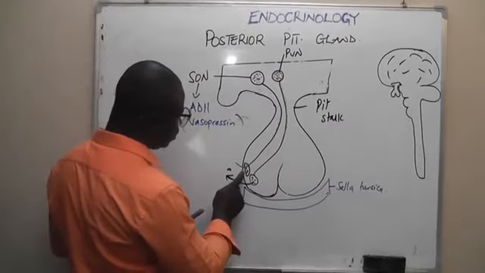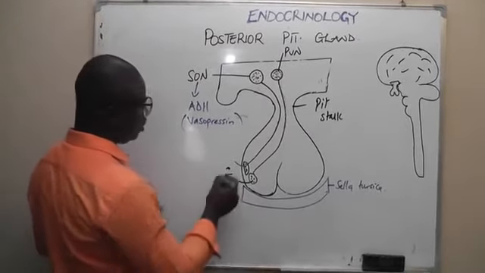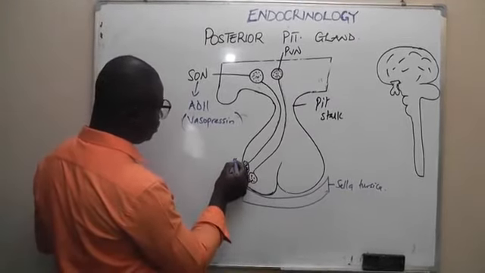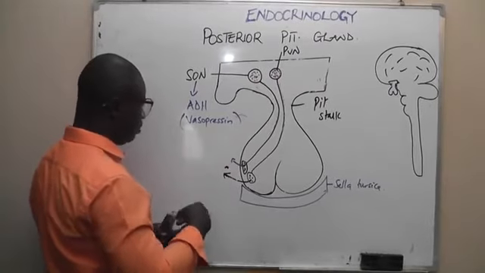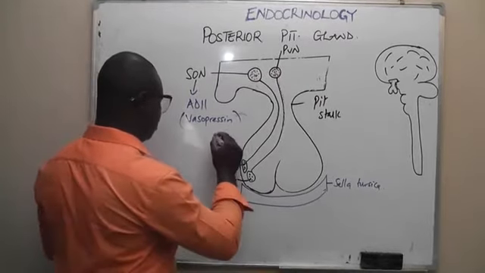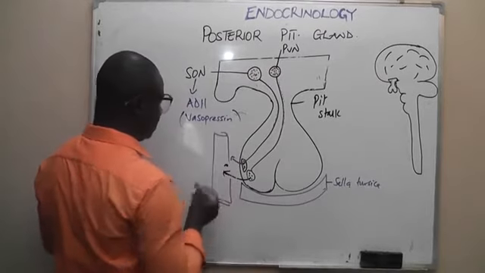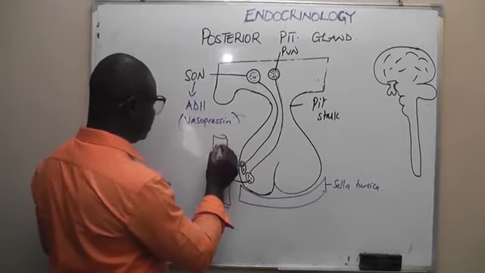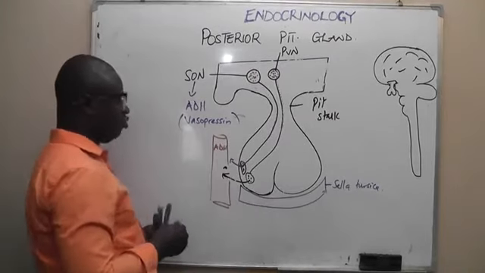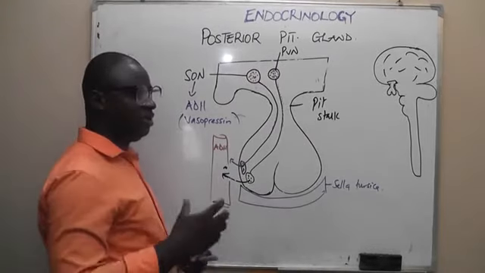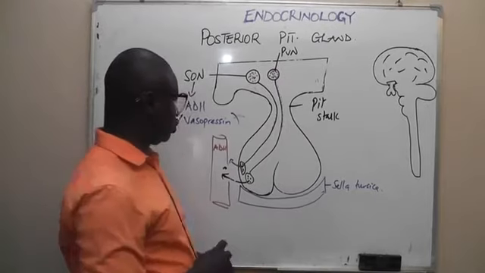This is where the ADH is stored before it is released into the bloodstream. So let's assume we have a bloodstream like this. The ADH gets released into the bloodstream, but we'll talk about the stimulating factor subsequently.